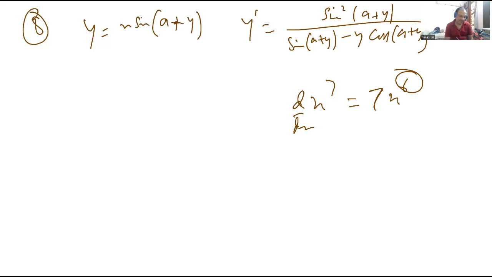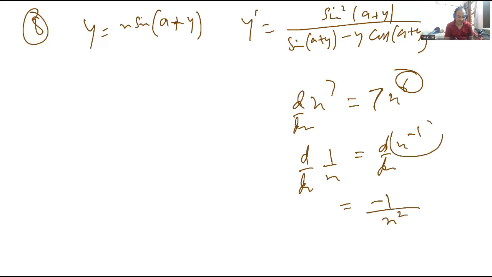But if I put it like this, d by dx of 1 over x, it will give you d by dx of x raised to power minus 1, and if I differentiate it, it will give you minus 1 over x squared. If the power is negative, the number is in the denominator, then the power gets increased by 1. Okay, clear? Now come to the point here.